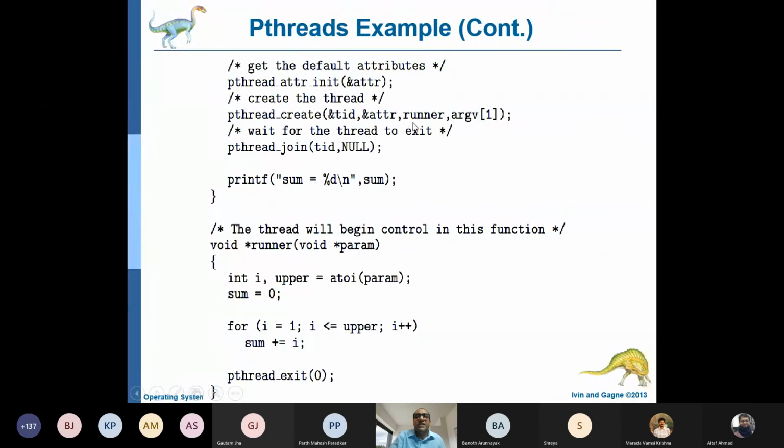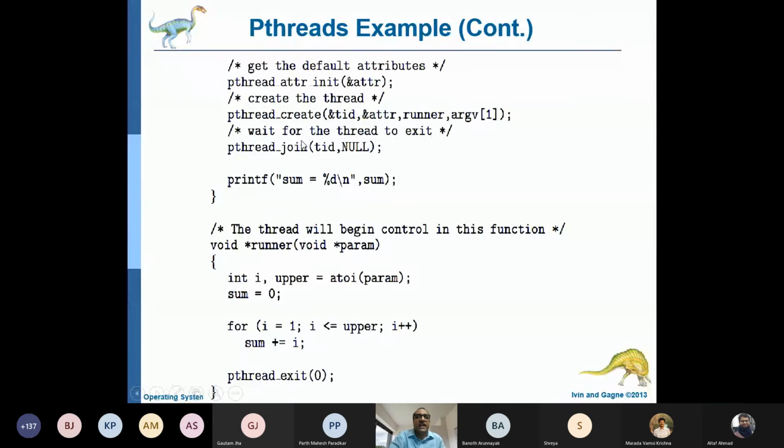So this is the function name, the starting address of the thread where the thread execution will start. These are the various arguments that need to be passed for creating a thread: thread ID, attributes, and the first address where the execution has to start. And this is related to the arguments.